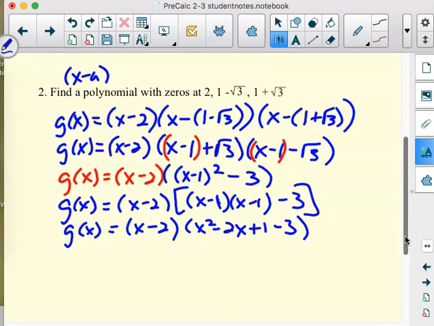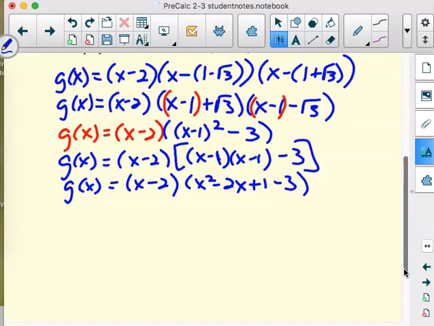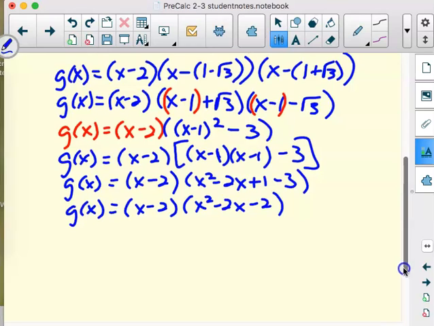And then before I distribute my x minus 2, I would want to combine like terms. Make it possible to take at least one step away. And that means I'm going to take my little x minus 2 times the quantity x squared minus 2x minus 2. So now I need to distribute my x.